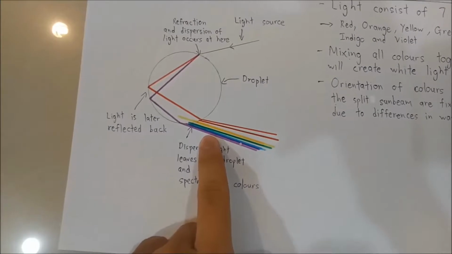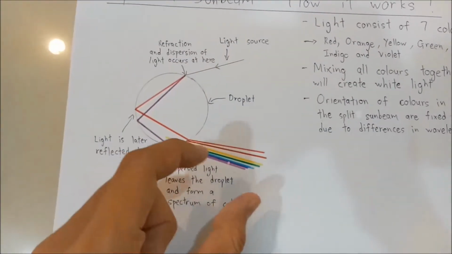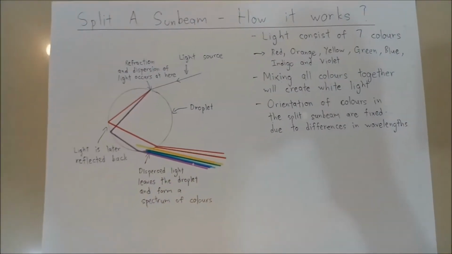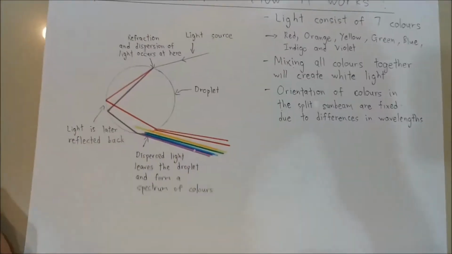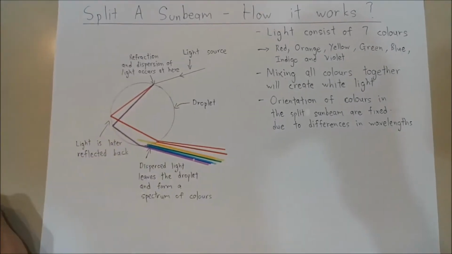Violet light is placed at the last. That's because it has a shorter wavelength that makes it travel in a shorter distance, in which it passes through your eye slower.